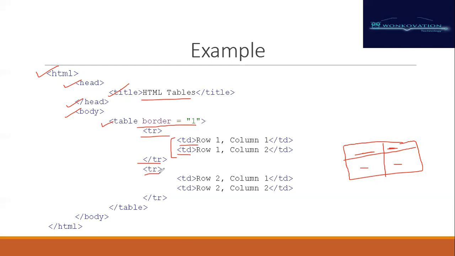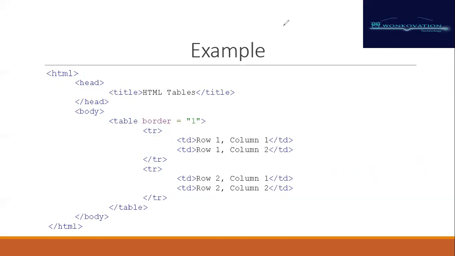After that we have included a second row. First we put all the elements inside the first row, then we put all the elements inside the second row. Then the table has been closed over here.